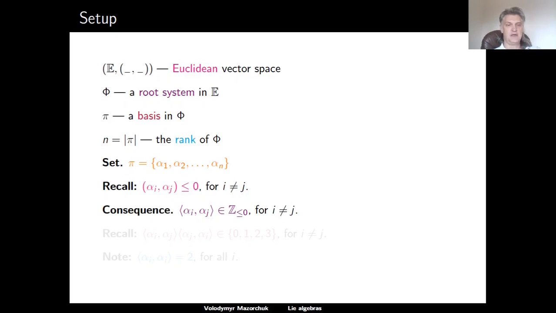In particular, the angle bracket between two different elements in the basis, which is given by the scalar product times 2 divided by the square of the length of the second vector, is also non-positive. We also recall the property of root systems that the angle bracket between αi and αj times the angle bracket between αj and αi is one of the integers 0, 1, 2, or 3, if i and j are different. We also recall that the angle bracket between αi and αi is always 2.